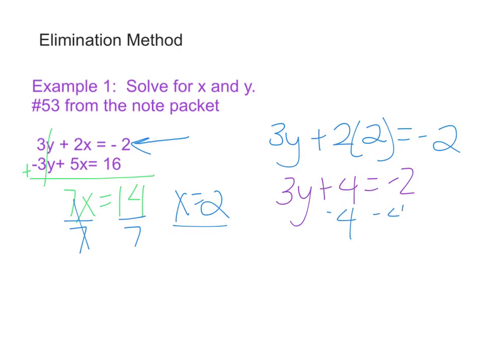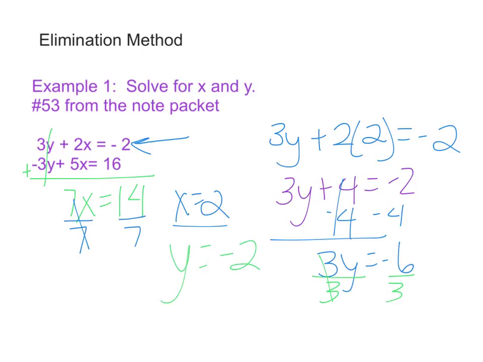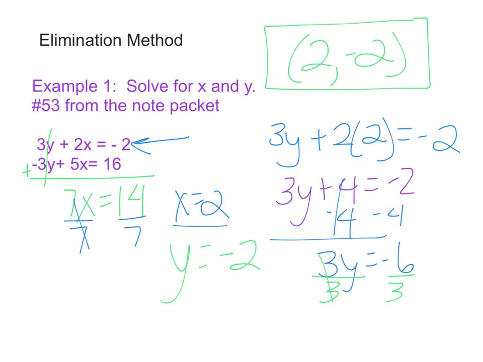Subtract 4 on both sides to get 3y equals -6, and then divide both sides by 3. So y is going to equal -2. We will write the answer as an ordered pair, so we will have 2, -2. And it's always a good idea to double check, plug them back in to make sure they both work for both equations.